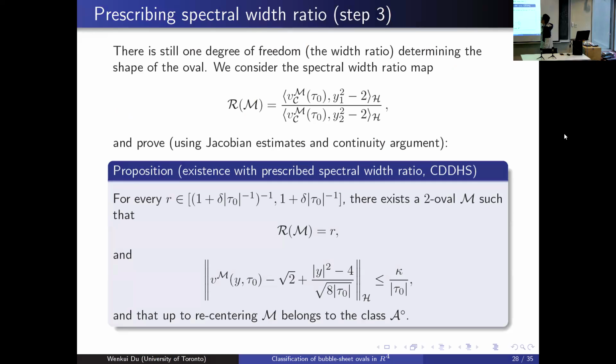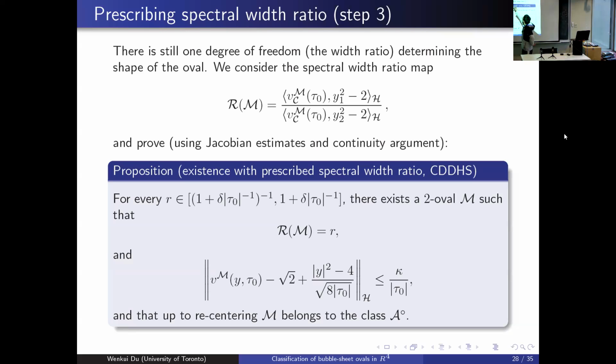As I said, if we use the time shift and the scaling, we basically kill the eigenfunctions 1 and y norm square minus 4, but there's still a freedom. This freedom is the so-called spectral width ratio. It's different from the geometrical width ratio, which is given by the width.